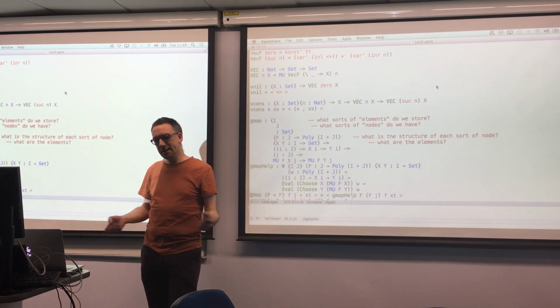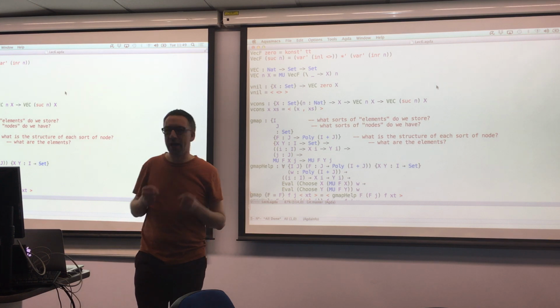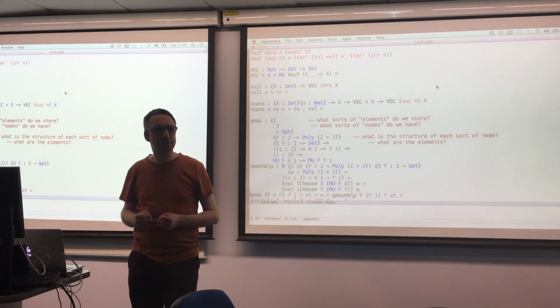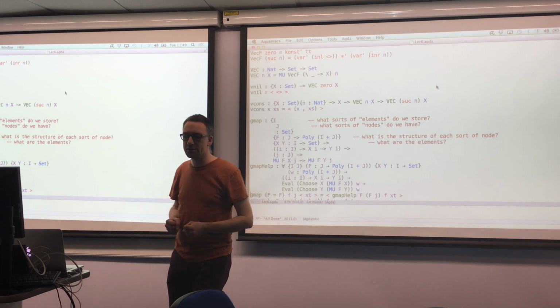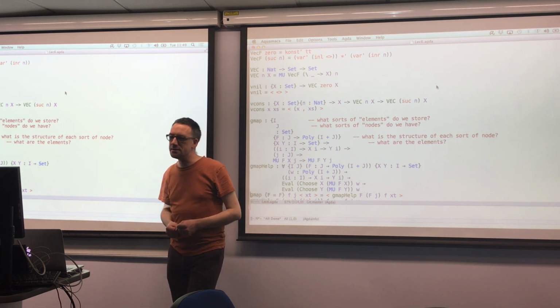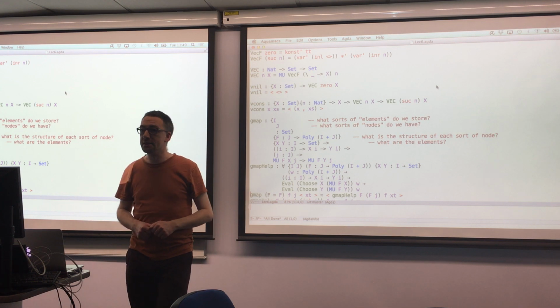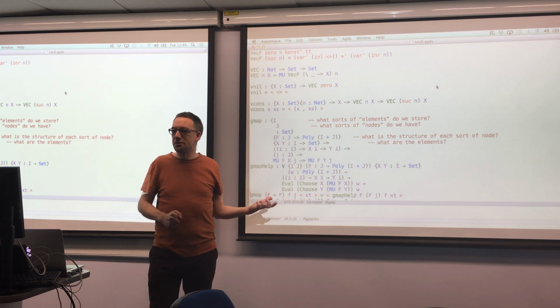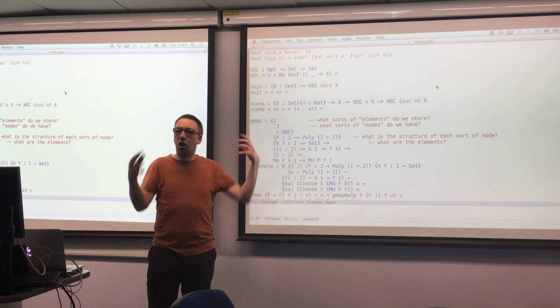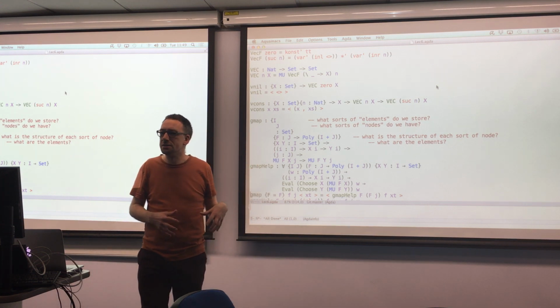So the designers of dependently typed languages, we haven't really got our heads around how to exploit this possibility to encode data structures in software within our own languages.